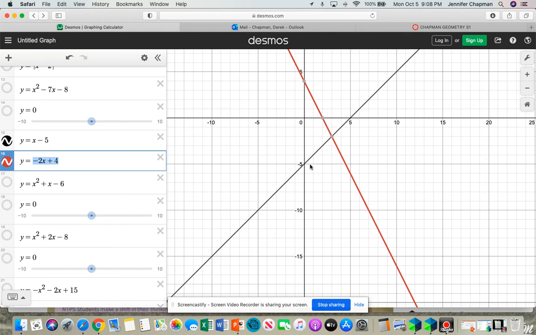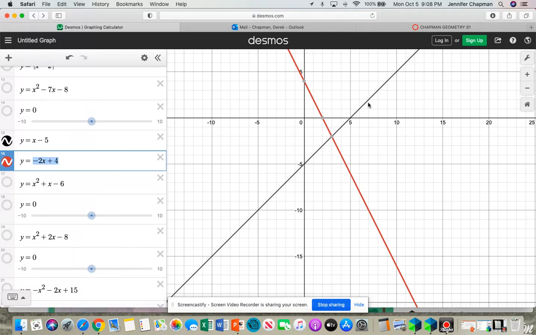If we go back and look at the problem, it's when is x minus 5 greater than negative 2x plus 4? So when is my black function greater than my red function? That looks like it's happening after this intersection. Because if I pick any x value that's greater than 3, take a look at like 7, here's x equals 7.